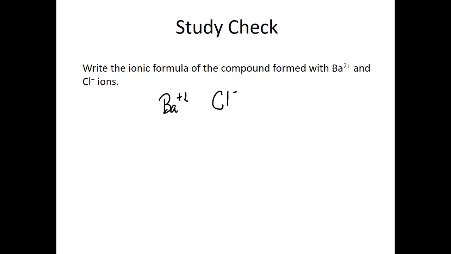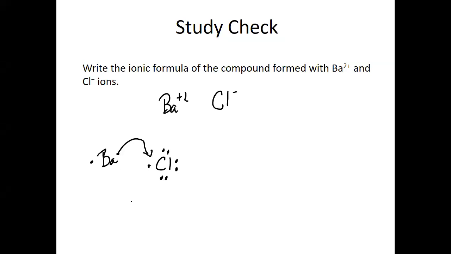Now I could draw these out and show that the barium is going to give 1 of these electrons to the chlorine. But the problem is the chlorine can only accept 1, and barium has 2 to give.